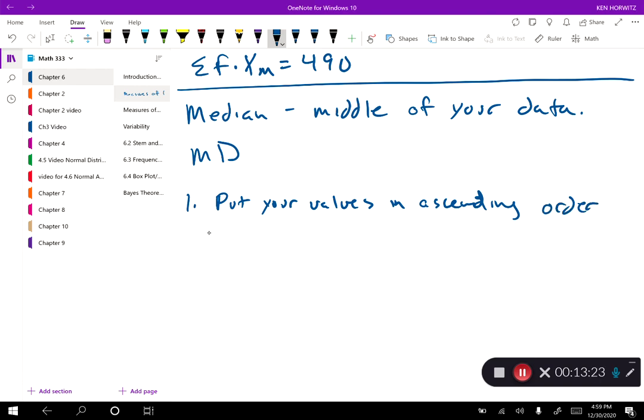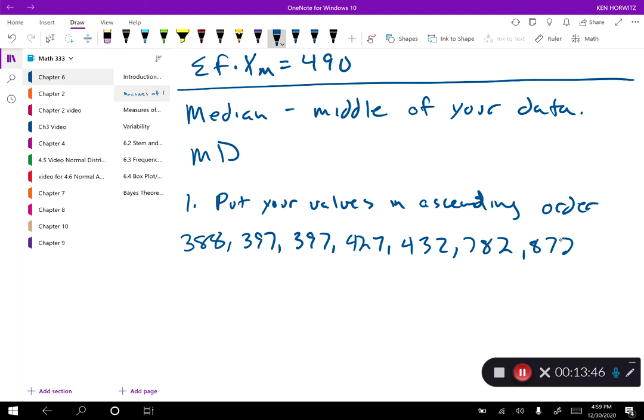So I'm going to put those values in order for us: 388, 397, 397, 427, 432, 782, and 872.